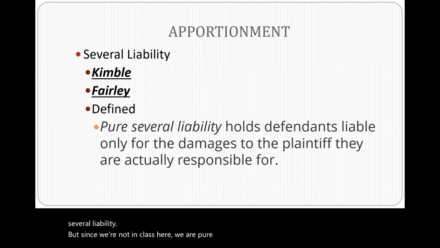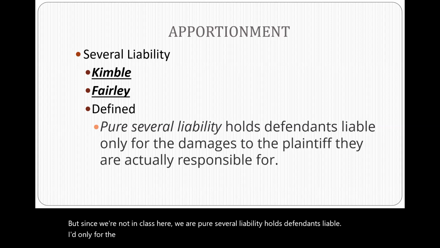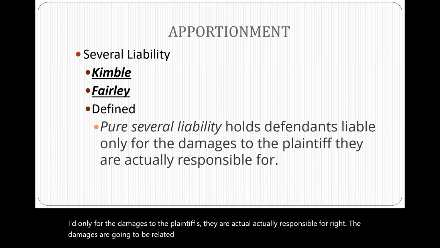Pure several liability holds defendants liable only for the damages to the plaintiff they are actually responsible for, right? The damages are going to be related to the percentage of fault that that particular defendant holds.